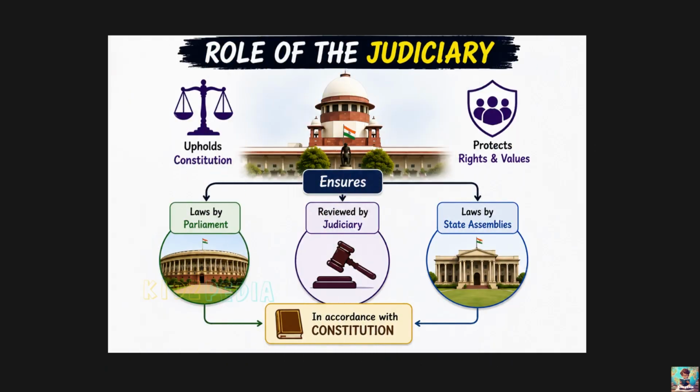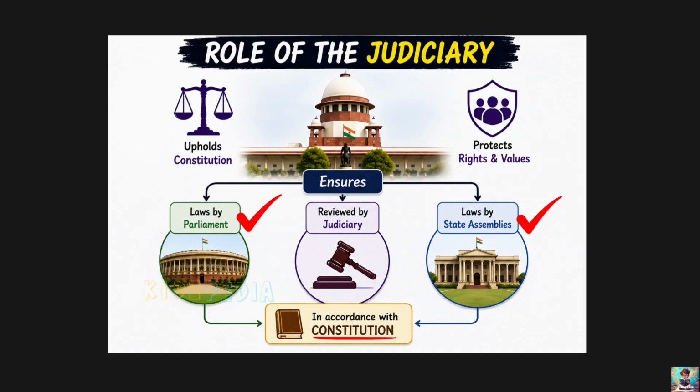So now, what is the role of a judiciary in a democracy? The judiciary has a very important responsibility. It upholds the Constitution and protects the rights of all sections of society. One of its important functions is to make sure that the laws made by the Parliament and state legislative assemblies are in accordance with the Constitution.